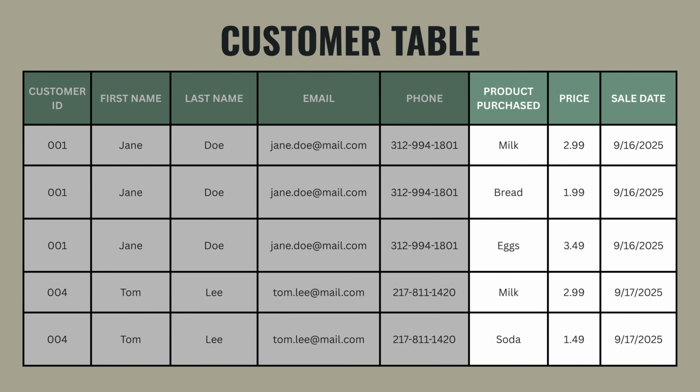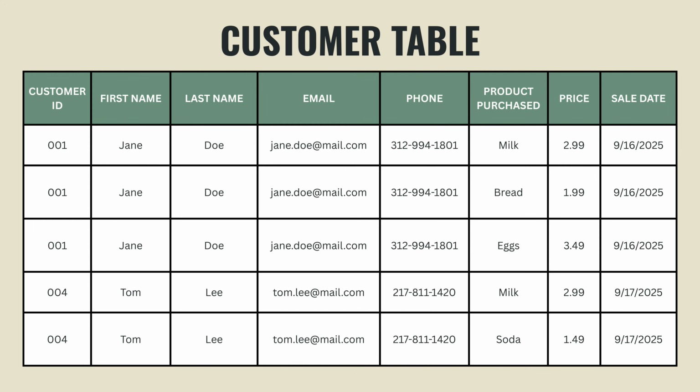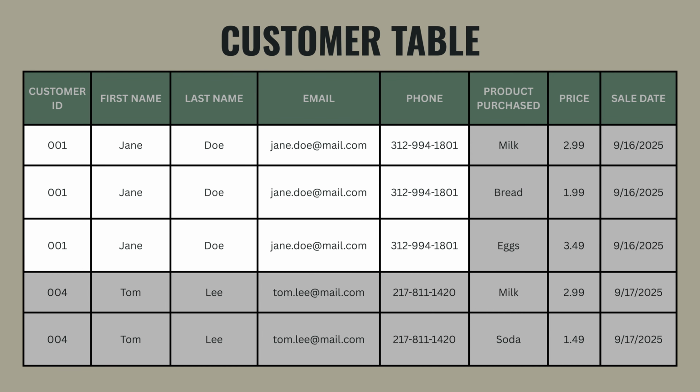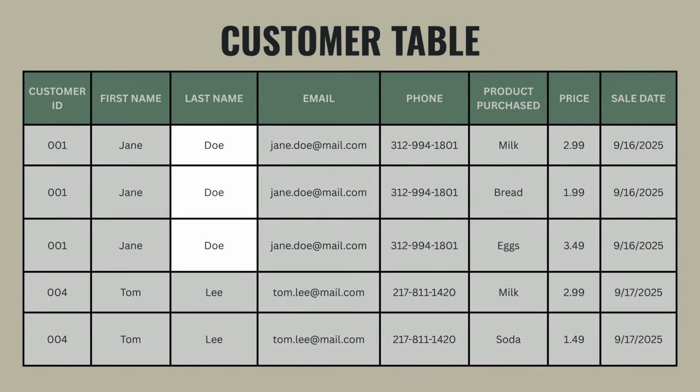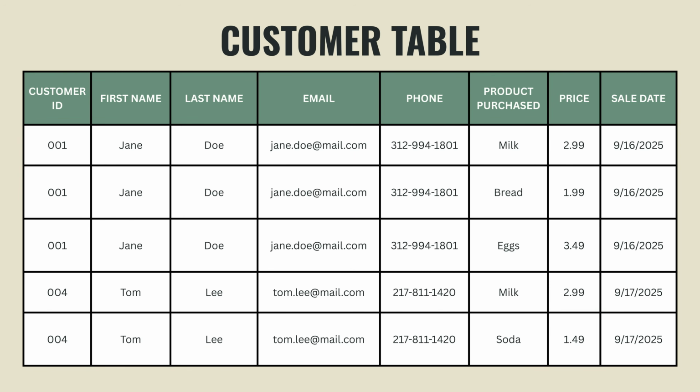Name, email, phone, product purchased, price, date of sale, and so on, but it creates problems. Every time a customer bought something new, we'd have to copy all of their details again. If their name changes, say they get married, we have to update it everywhere, and we'd almost certainly miss a row or two.